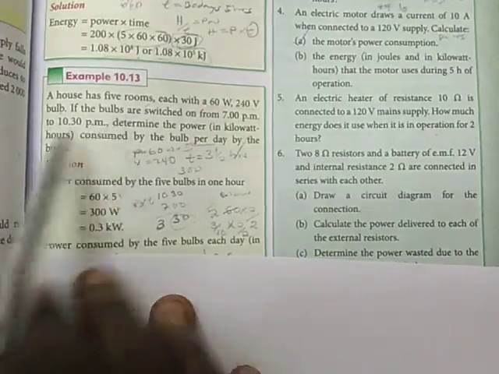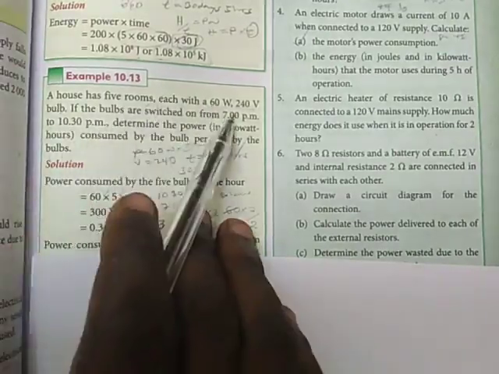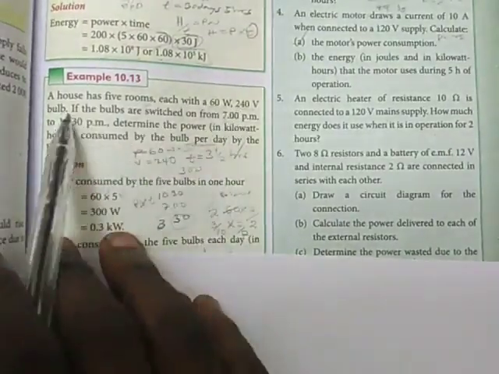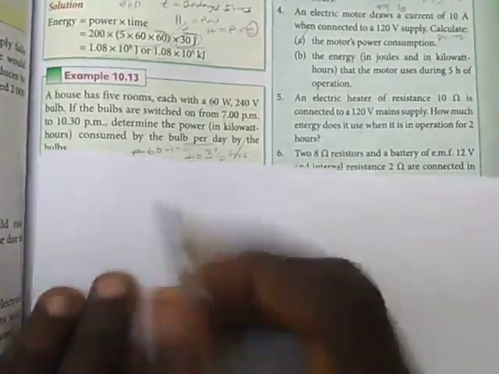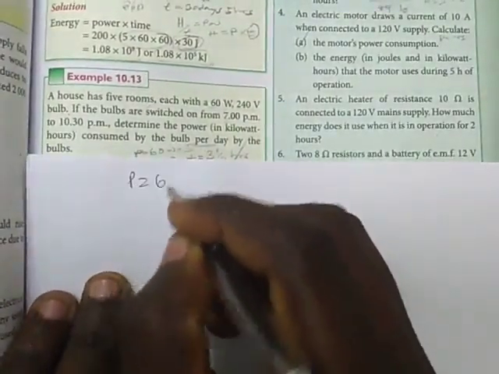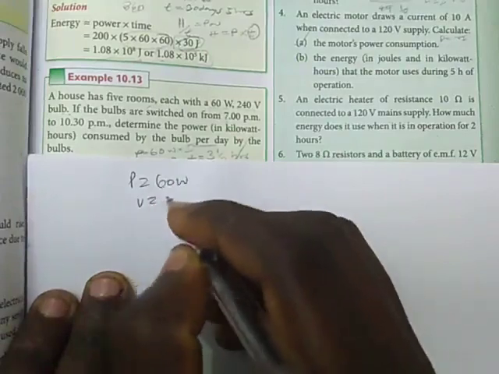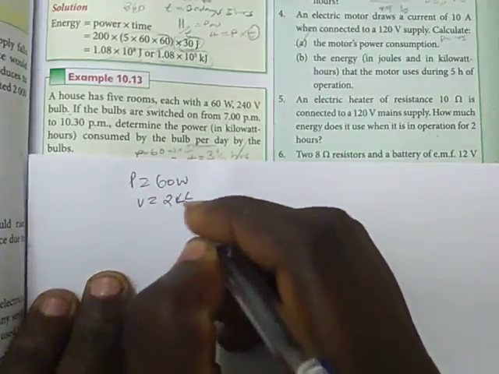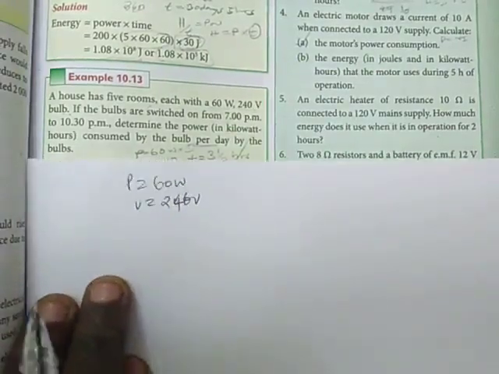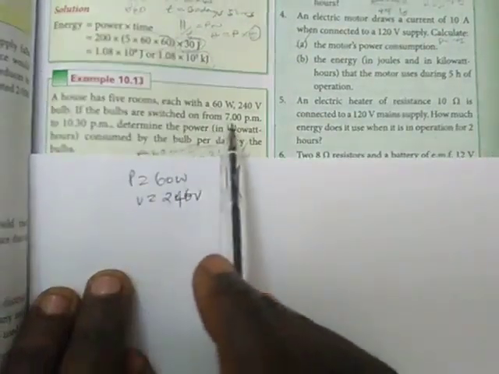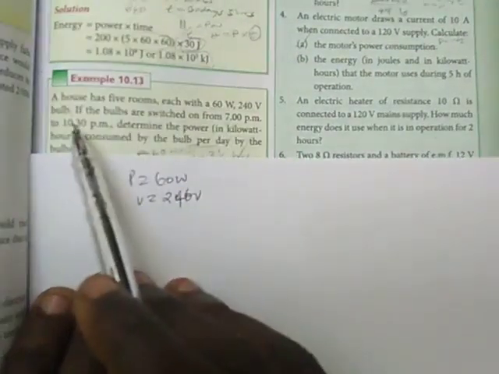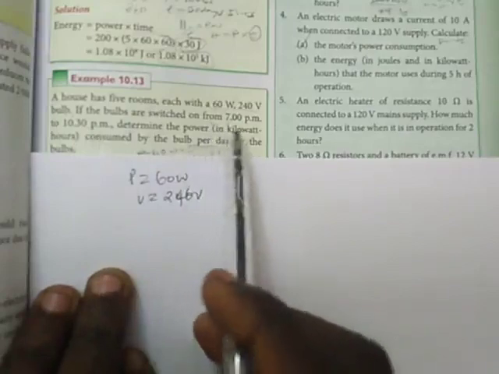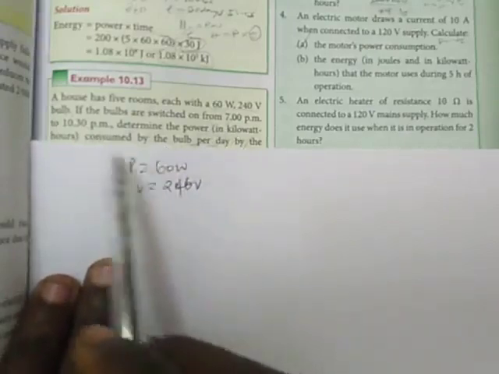A house has 5 rooms, each with a 60 watt 240 volt bulb. So power is equal to 60 watt, voltage ni 240 volt. Unaona? If the bulbs are switched on from 7 p.m. to 10 p.m., manake ni masaa ngapi? 3.5.